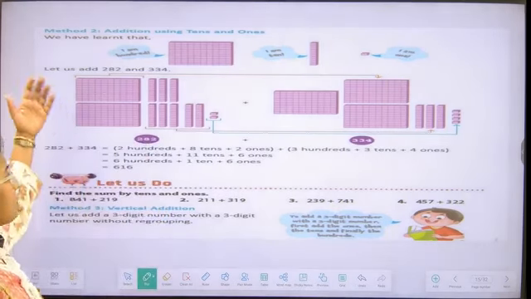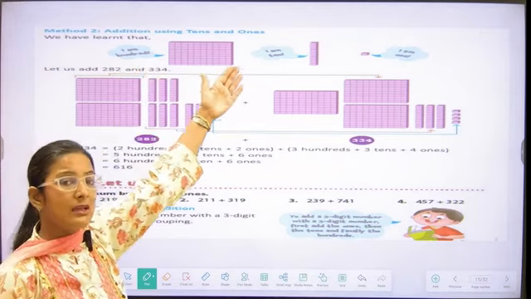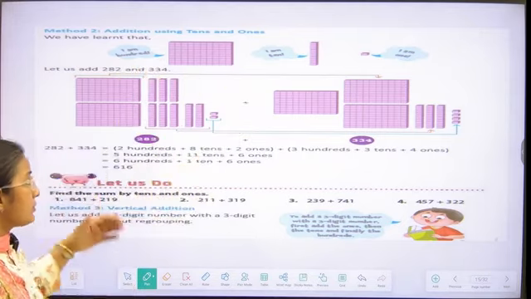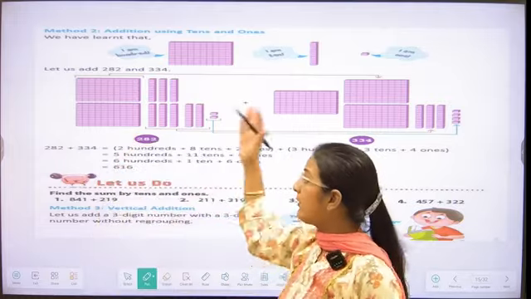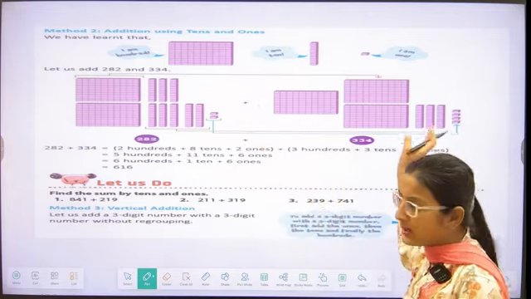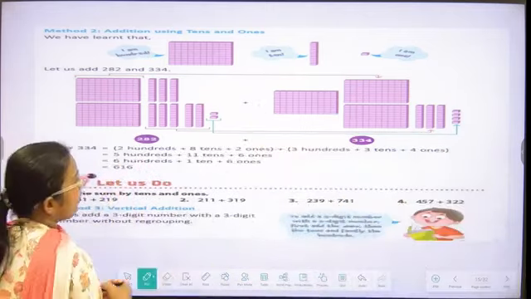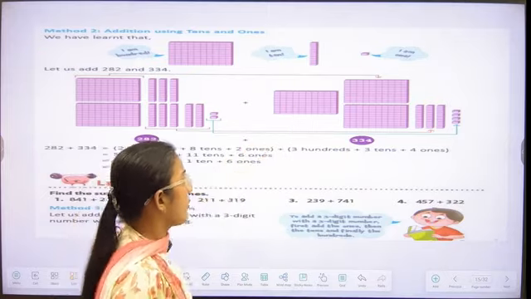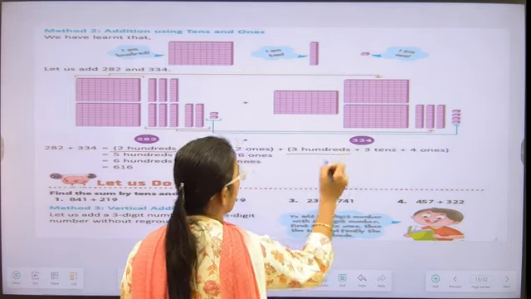Now student, we are going to add with the help of the second method with the hundreds, tens and ones blocks. So what we have to do? We have to add the 100 blocks with the 100 blocks, tens blocks with the tens blocks and ones blocks with the ones blocks. Let's do it with me. So we are having 200 blocks and 300 blocks. So we can write 200 and 300.